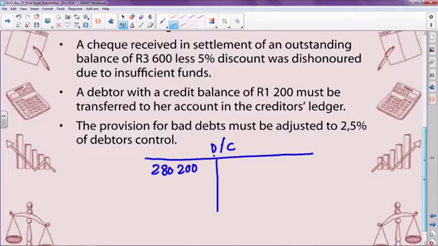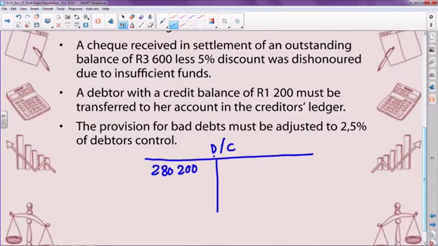First one, a check received in settlement of an outstanding balance of 3,600. That means the account that was outstanding was an amount of 3,600. Less the 5% discount was dishonored due to insufficient funds. Double entry. Watch.